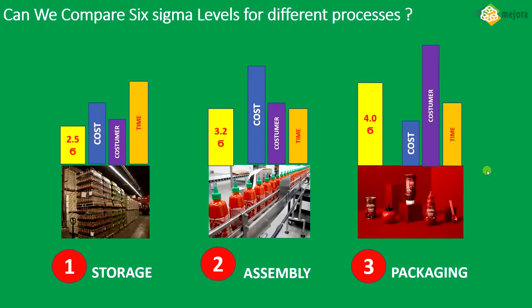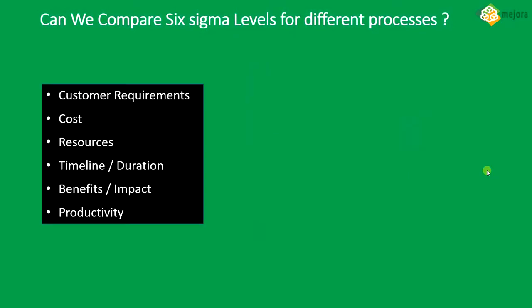So while we compare Six Sigma levels for different processes, it is important to consider all these factors, right? For example, it can be customer requirement, cost, resources, timeline, duration, benefits, and impact. The impact again can be 1 year impact, 2 year impact, multiple year impact, or very short term and long term impact. Finally, productivity.